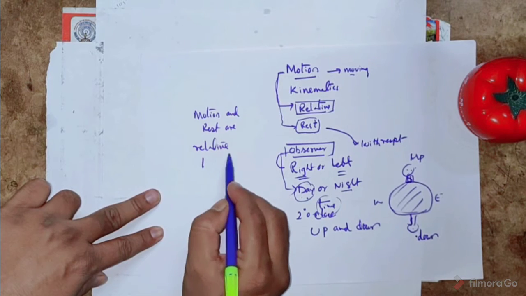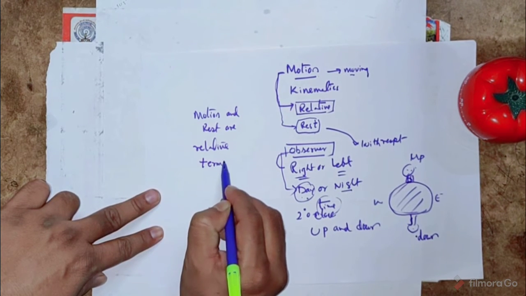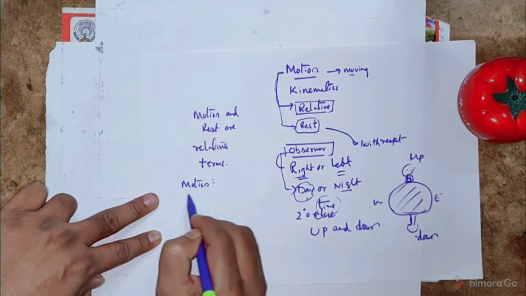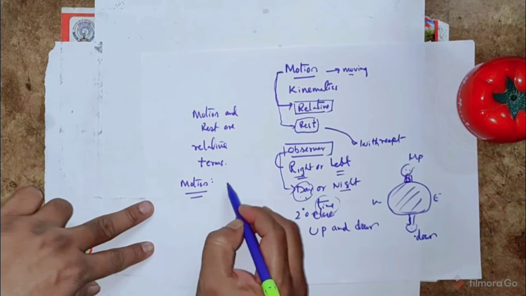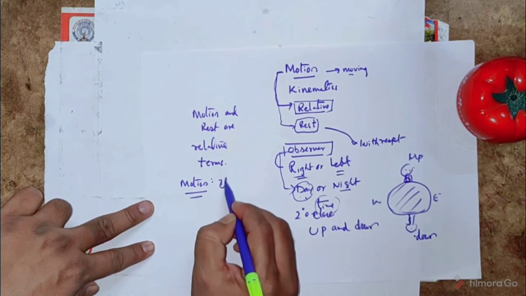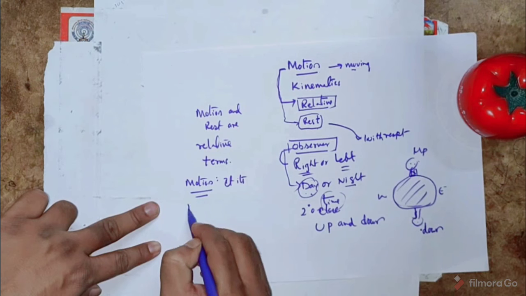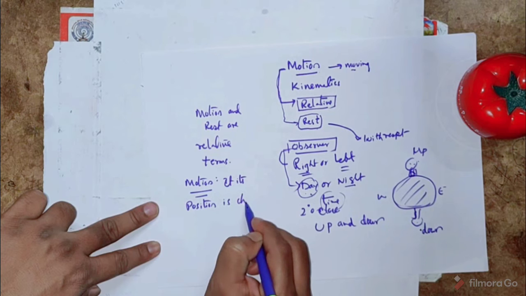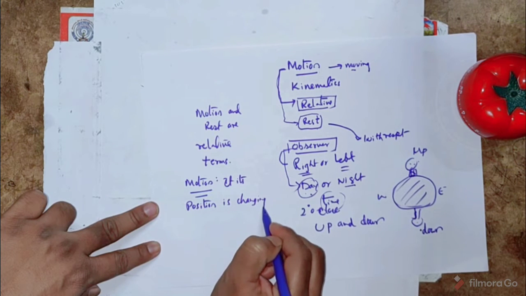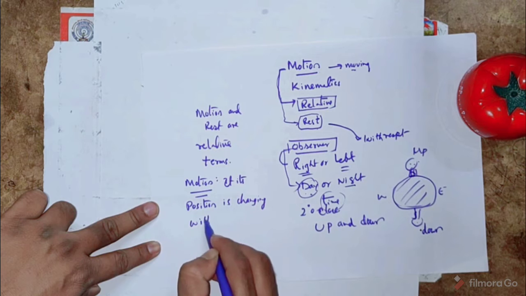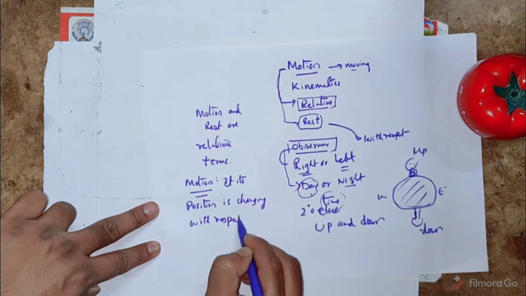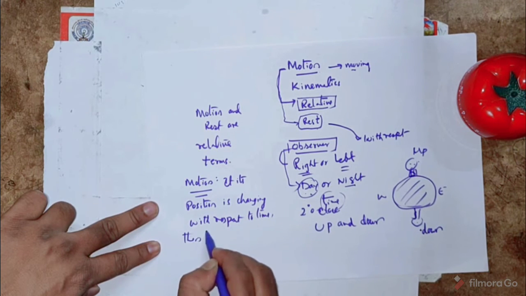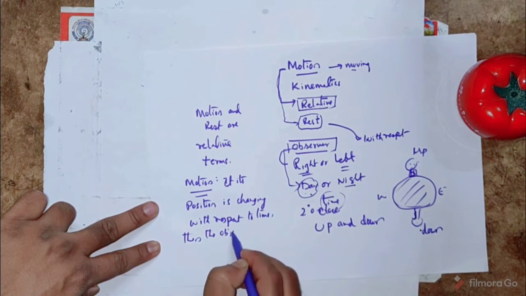The object is said to be in motion if its position is changing with respect to time. Then we can say the object is in motion.